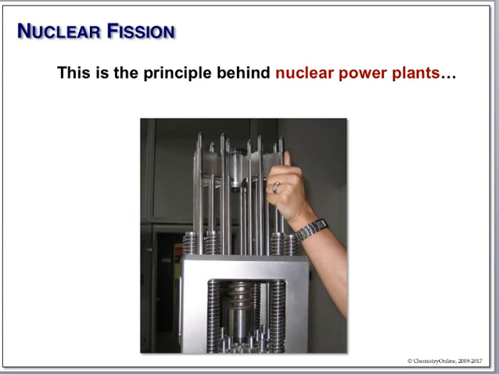The real problem with a nuclear power plant is that if something goes wrong with this mechanism and it's stuck open, then there's no way to control it. It just melts down, just gets super hot and boom.